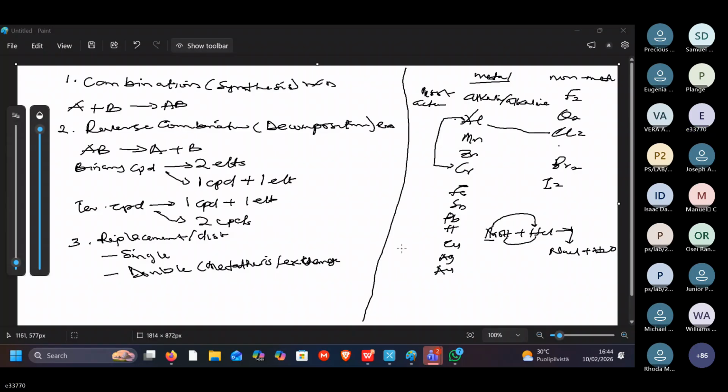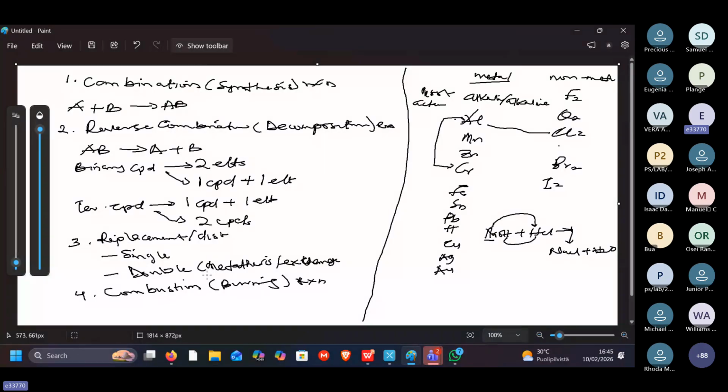Okay, so that's what we did for the displacement or the replacement reaction. We also mentioned the combustion reaction, which is also known as burning. So burning a substance in air: if that substance is an inorganic substance, we produce the oxide of that substance.